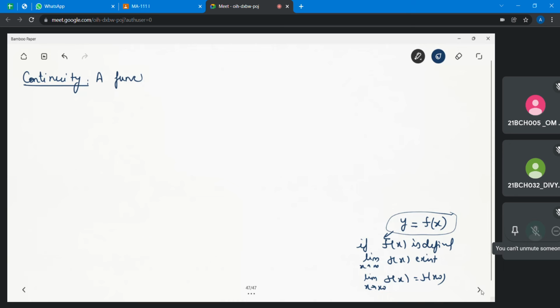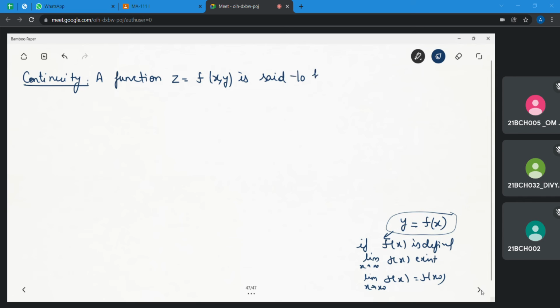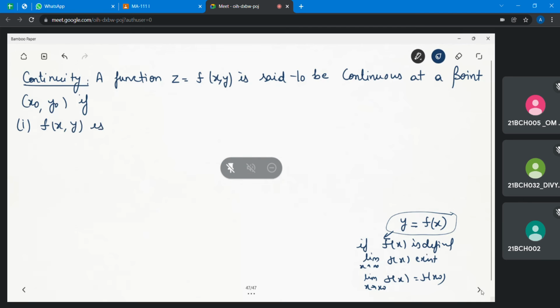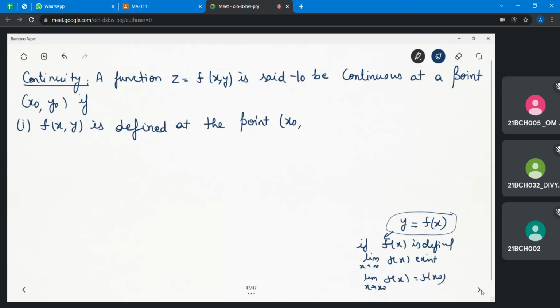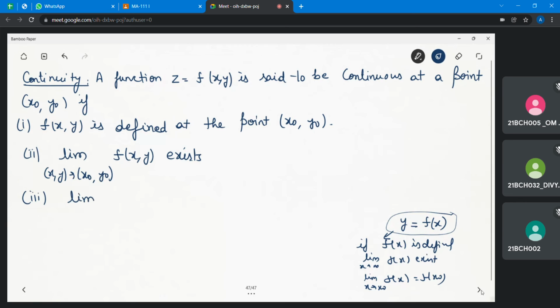Similarly, a function z is equal to f(x,y) is said to be continuous at a point (x naught, y naught) if, first of all, the function is defined at the point (x naught, y naught); second, the limit of f(x,y) exists; and the third is the limit at that point should be equal to the value of the function, f(x,y) limit is equal to f of (x naught, y naught).